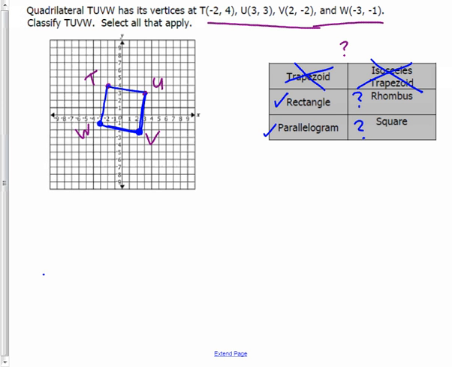All right. So what we can do if we don't have a ruler is find the slope. Opposite sides, if they're parallel, have the same slope. So 1, 2, 3, 4, 5 over 1, right? There's your slope of 5 over 1. Is this the same? 1, 2, 3, 4, 5 over 1. Yes, it is. Good. So we have a slope of 5, slope of 5. And let's try the slope from TU.